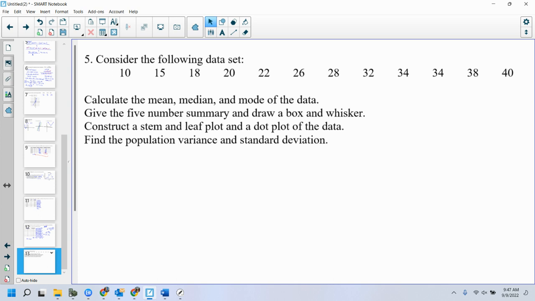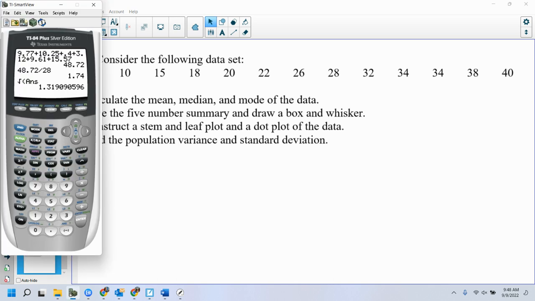Let's calculate the mean, median, and mode. All right, so the mean, I've got to take the mean of 10, 15, 18, 20, 22, 26, 28, 32, 34, 34, 38, 40.